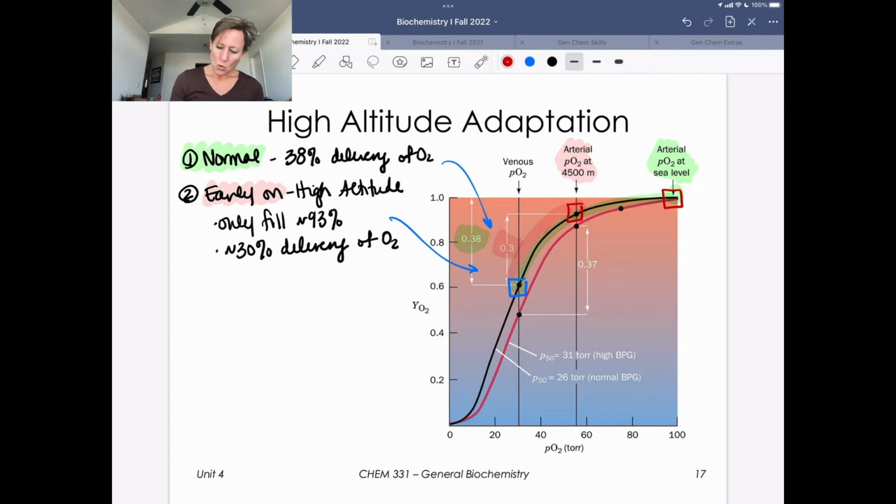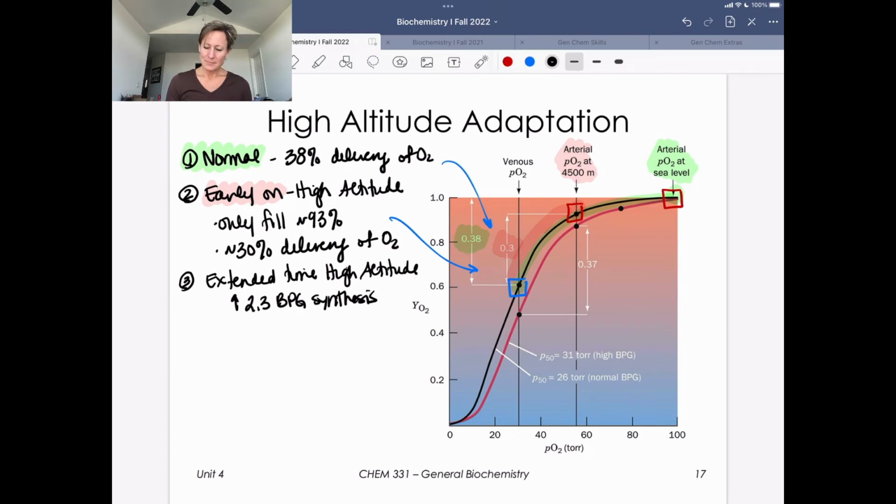Okay, so what happens after an extended time at high altitude? The key here is your body increases its synthesis of 2,3-BPG. And what that's going to allow us to do is shift to this red line that we have there.